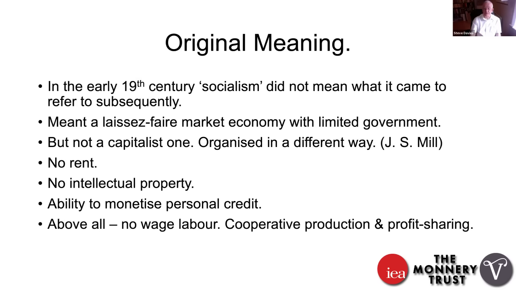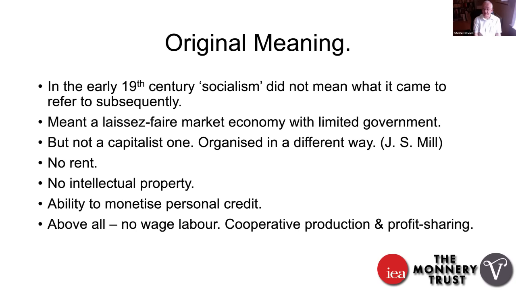But the most important thing was that this was an economy that was supposed to have no wage labor. The key to the original idea of socialism was that it was an economic system where you didn't have employment relations between people who had capital and people who did not. Instead, what you had was cooperative production carried on by producer cooperatives, labor cooperatives.